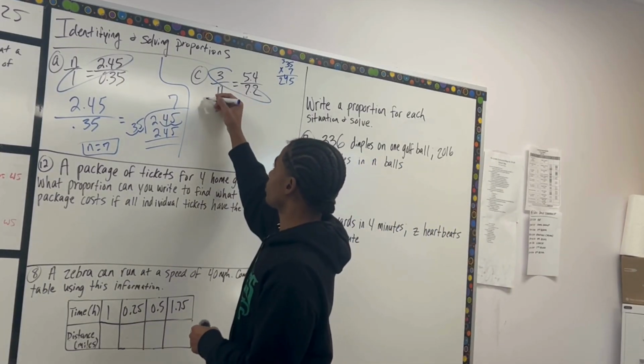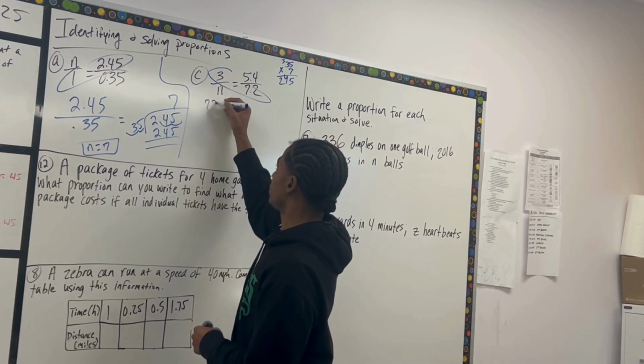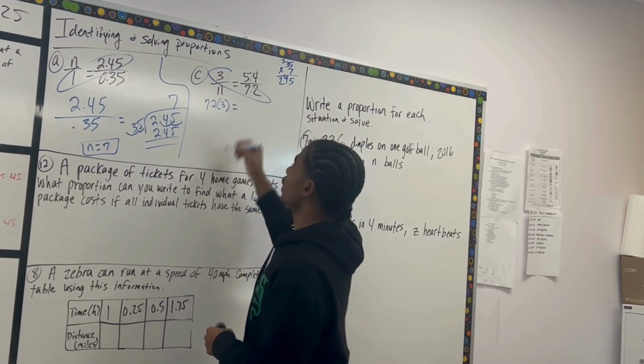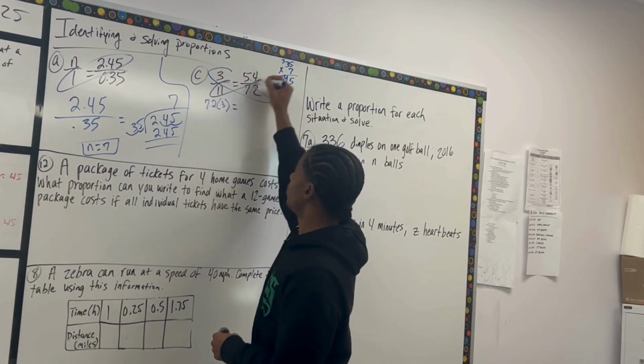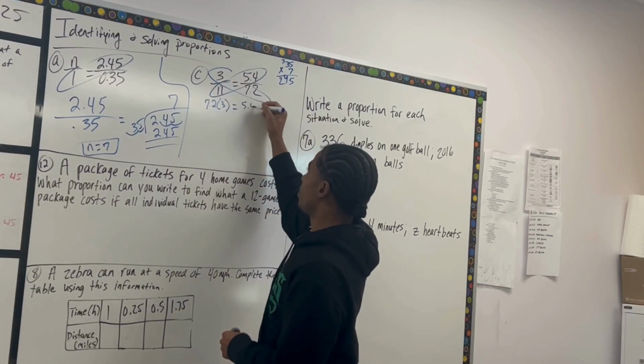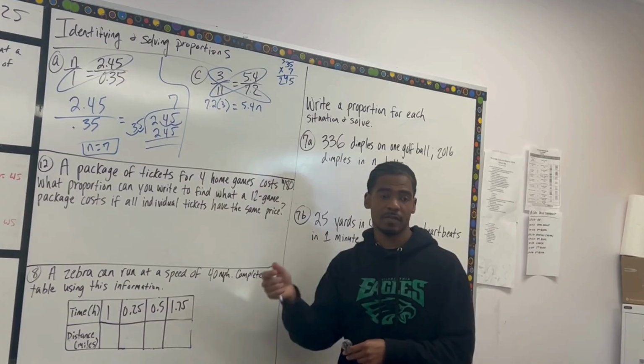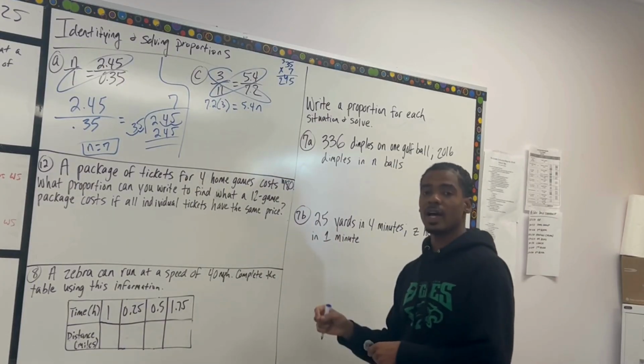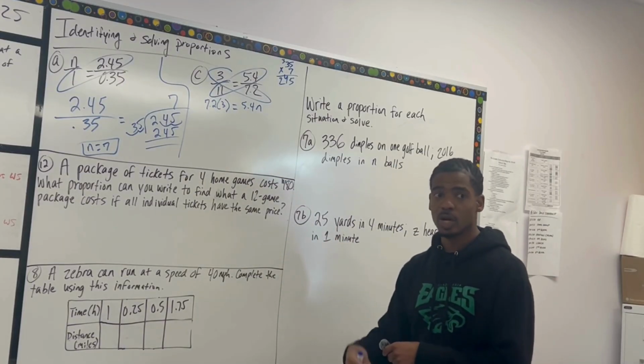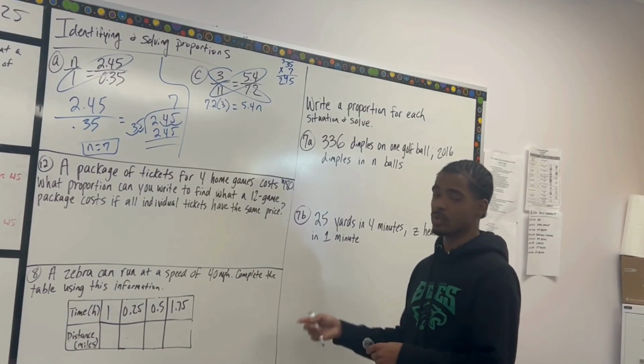Let's do 7.2 times 3, and put that equal to 5.4 times n. Instead of cross multiplying and then dividing, they just use the butterfly and put them equal to each other, because that's what a proportion basically means. It means that they're equivalent.